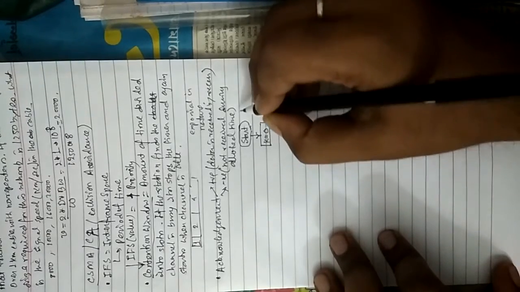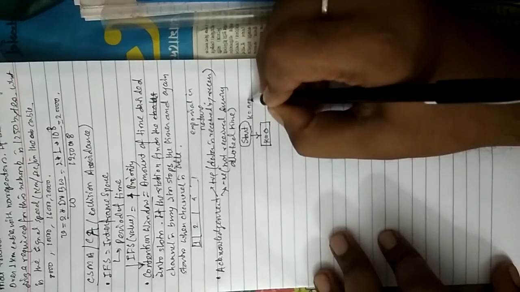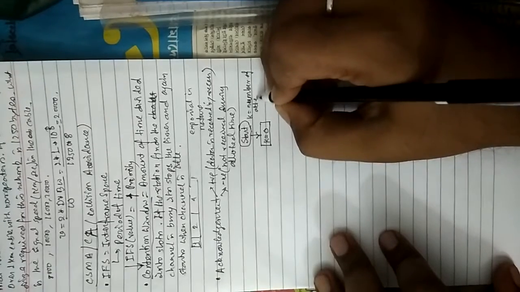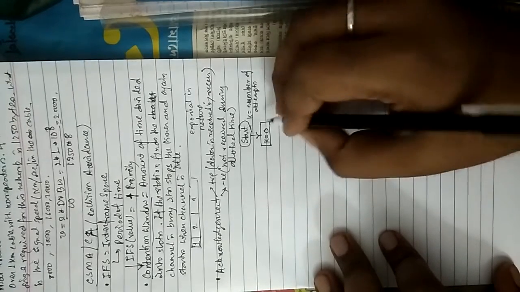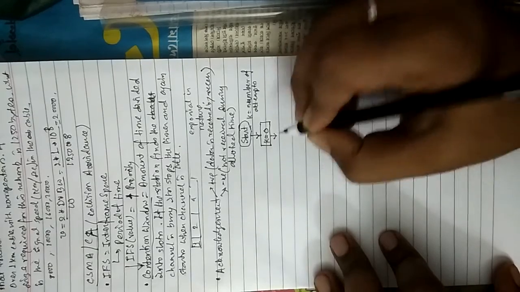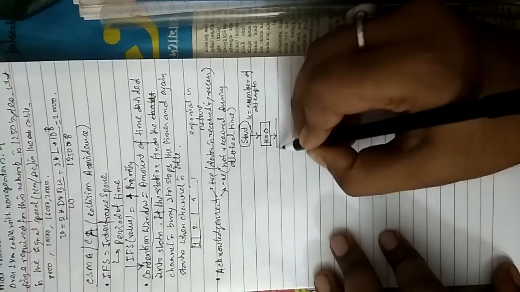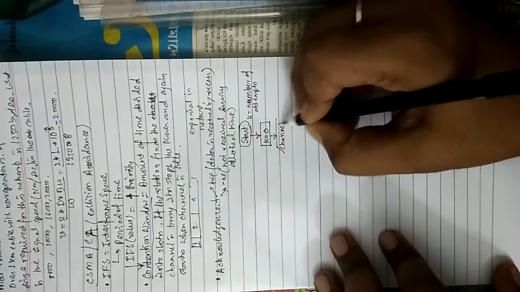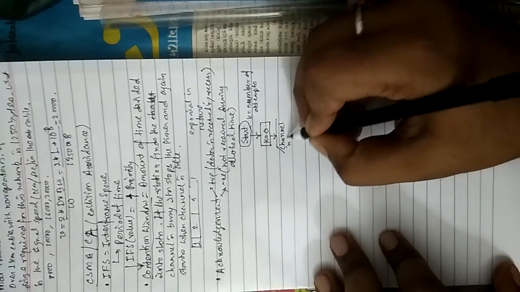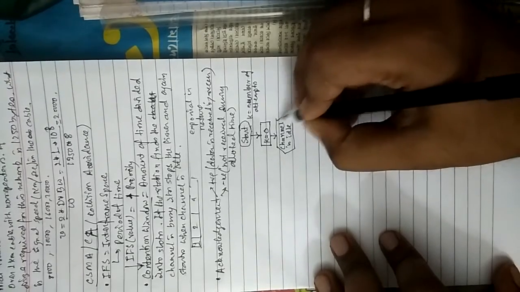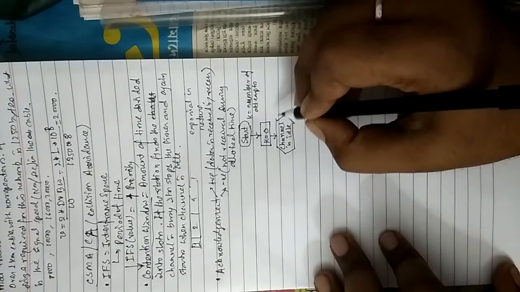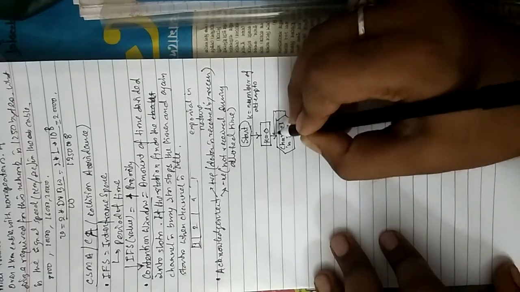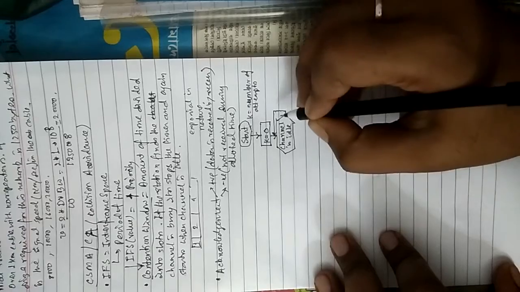Now what is k? k equals the number of attempts. Okay, so it will first check whether the channel is idle or not. If it is idle, then it will go on checking whether it is idle or not.